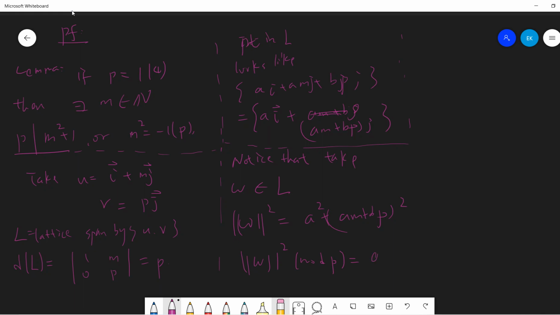So we mod p, what we have is a squared plus a squared m squared, because the 2ambp term contains p, and the b squared p squared contains p. So this is a squared times (1 plus m squared), which is 0 mod p. Okay, so this tells you that for any omega belonging to L, p divides the norm squared of omega.